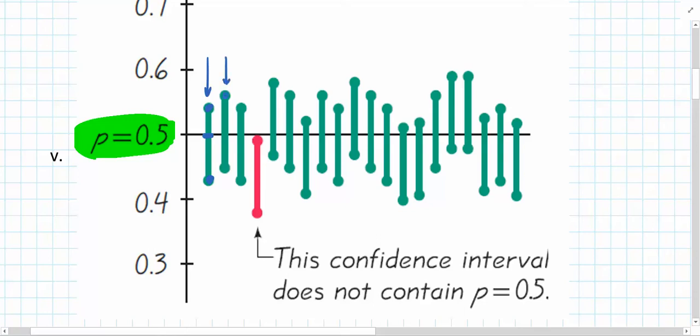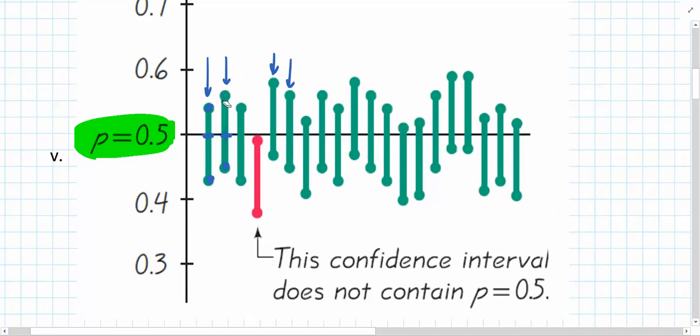This next person then had a slightly different result, but they were 95% confident that the true population parameter fell between those two, and it would have worked there as well. Same thing with all of these green bars. In every green bar here, the actual population parameter falls somewhere in between the two endpoints on those green bars.